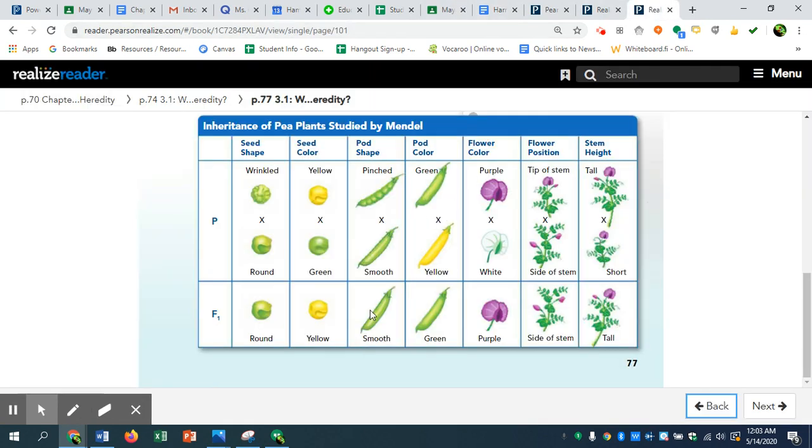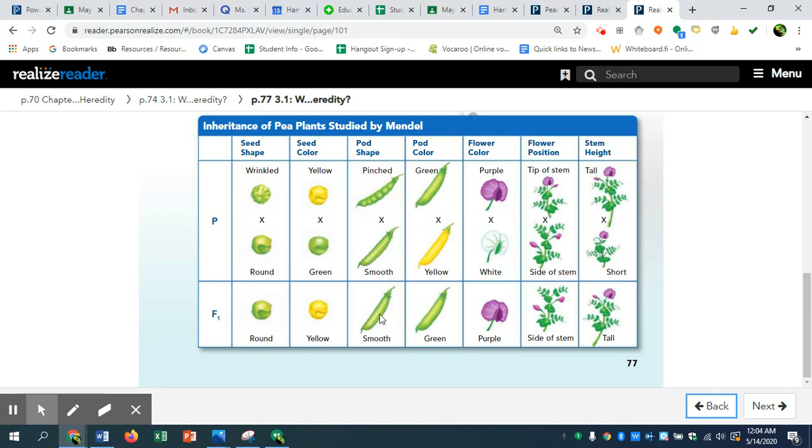Now, this isn't to say that the smooth, yellow, round offspring don't carry the recessive trait. Actually, they are carrying the recessive trait and they can pass it on to the next generation.